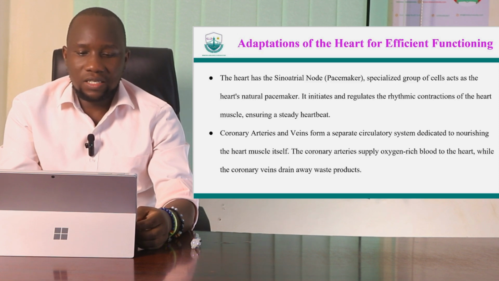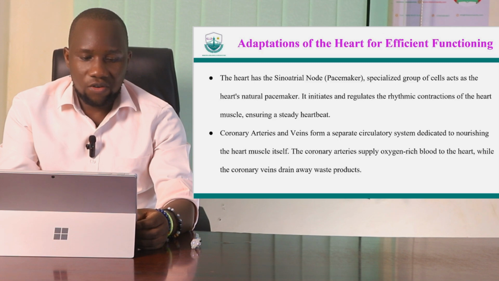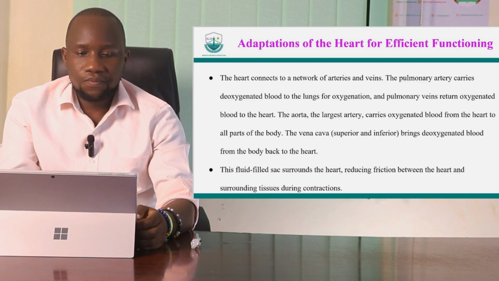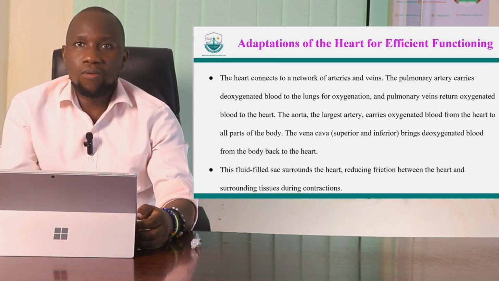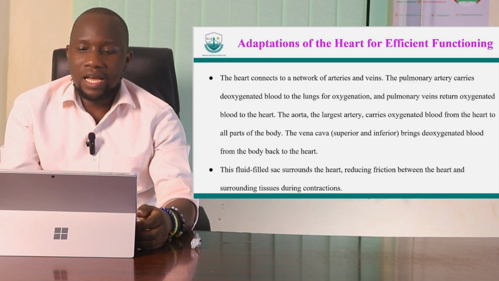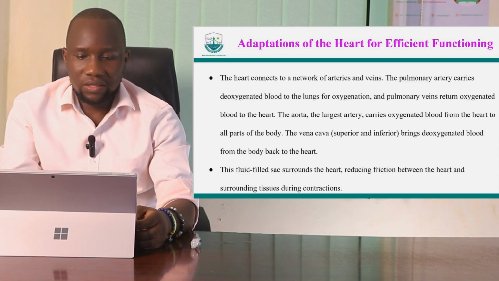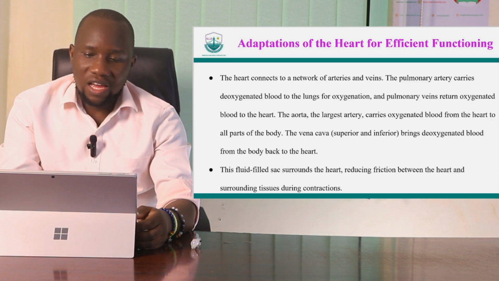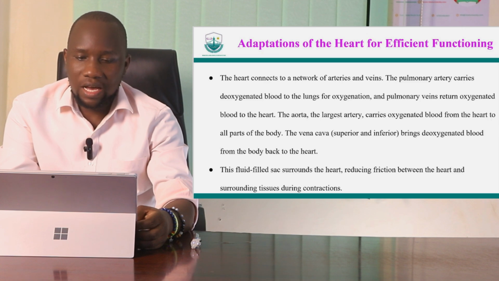So the presence of these is very important. Okay, and then we also have the pulmonary artery that allows the deoxygenated blood to be taken to the lungs for oxygenation, and then the pulmonary veins that return the oxygenated blood to the heart.